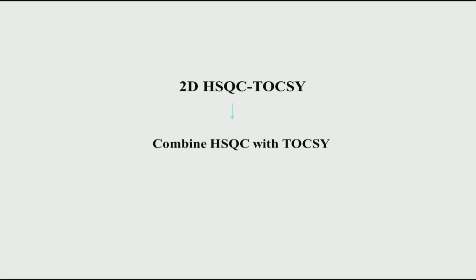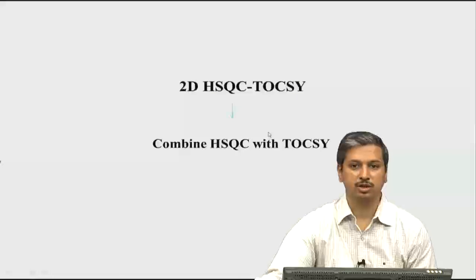So, let us move on to one more experiment, HSQC TOCSY. This is going to be the last experiment in the list of heteronuclear correlation 2D NMR experiments, and it is a different type. If you recollect, we discussed the fact that you can combine many experiments together. This is how 3-dimensional NMR is built.